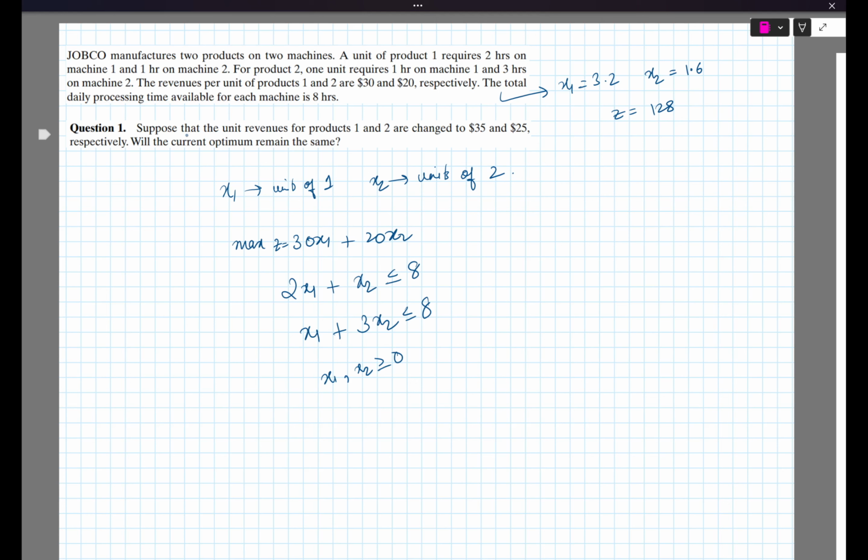So the question is, suppose the unit revenues for product 1 and 2 are changed to 35 and 25 respectively, will the current optimum remain the same? So if you change... And the solution will be given first, or we have to find it? It was given actually, I forgot to write it. Okay, okay.